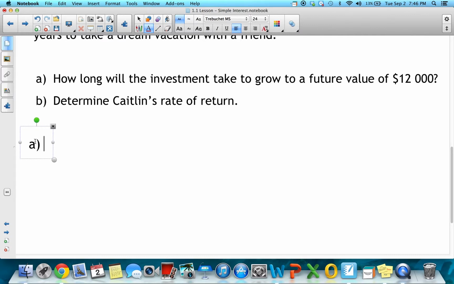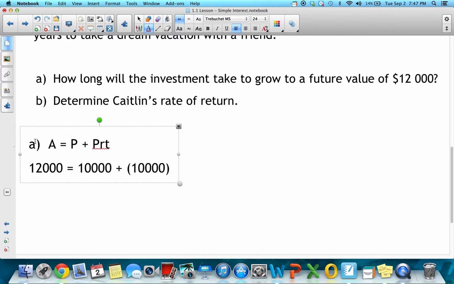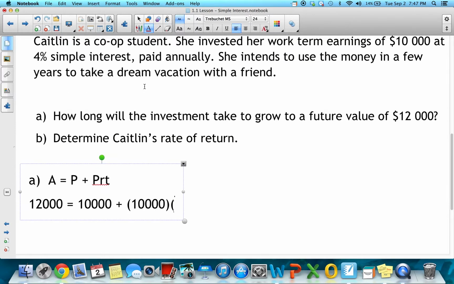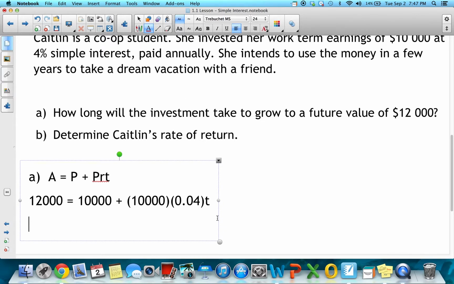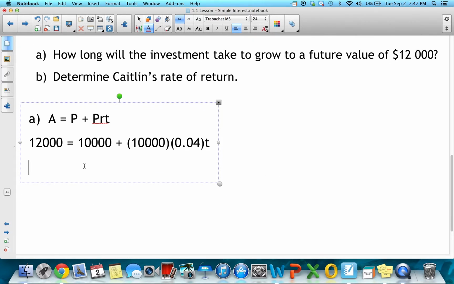So again, we're looking at this simple interest amount formula of A is equal to P plus PRT. The amount that she wants to end up with is $12,000, and the principal that she's starting with is $10,000. Her interest rate, again, was 4%, so we're looking at that in decimal form, and we want to know how long that's going to take her. Now I'm going to do two steps of math here in one. I'm going to subtract this 10,000 from both sides to start isolating my variable, and I'm going to do this multiplication all in the same step.